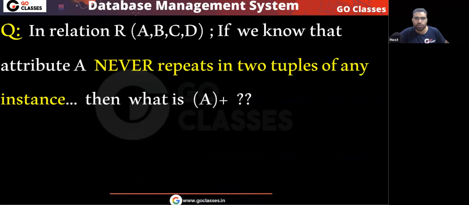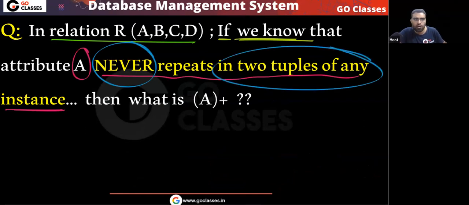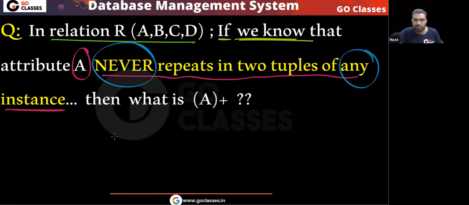Tell me the answer for this question. Quickly tell me. In a relation R, if we already know that attribute A never repeats in two tuples of any instance, whatever instance you take, then what will be A closure?